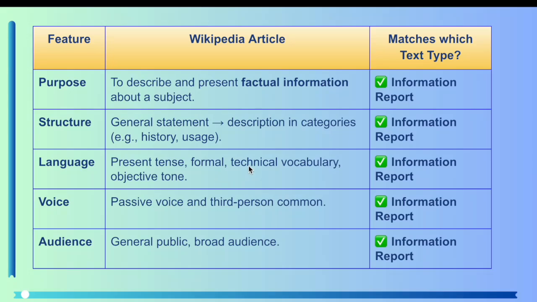And then technical vocabulary while still being in the present tense, the formal objective tone. Passive voice in third person is very common in different parts of the text. And the audience is general public, it's broad audience, it's not a specific audience looking for technical articles, and it's not for children, so it's not pedagogical and so on.